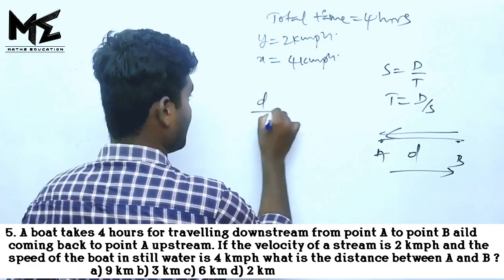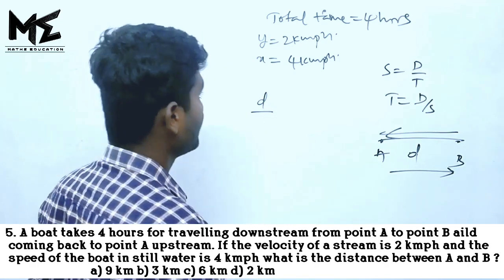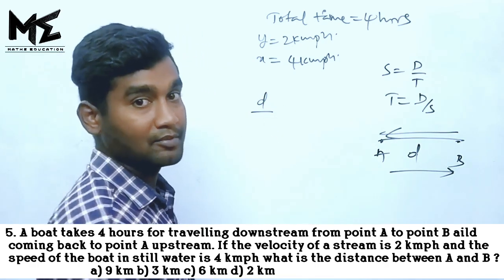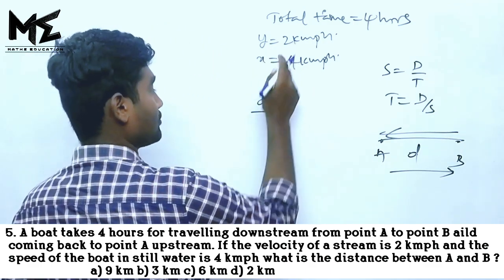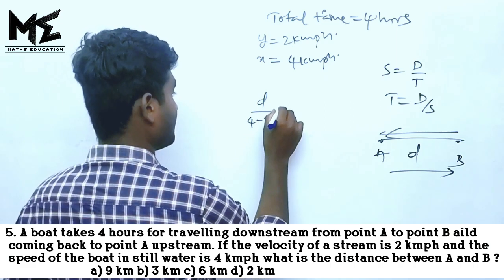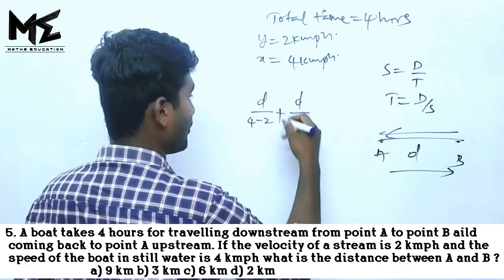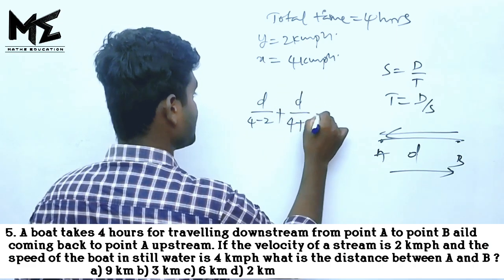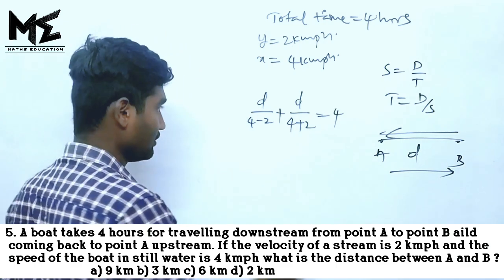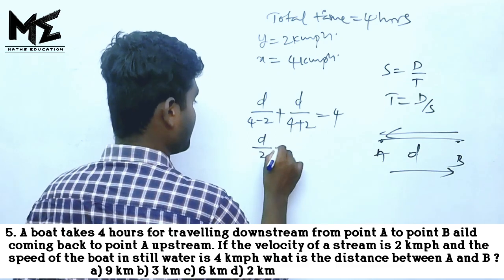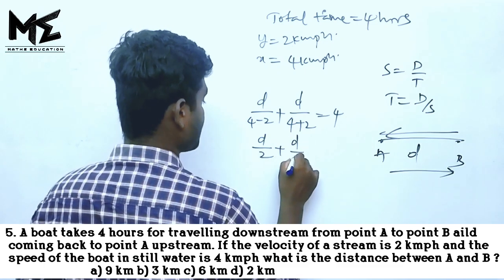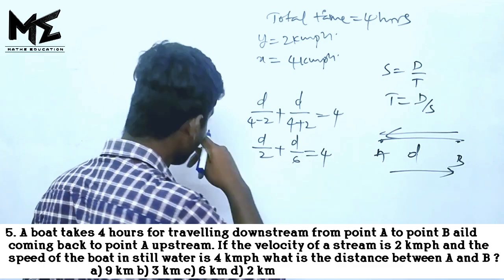So upstream, small d by, what is the upstream? Upstream is nothing but x minus y, 4 minus 2, plus d by downstream 4 plus 2, which equals 4 hours. D by 4 minus 2 is 2, plus d by 4 plus 2 is 6, equals 4.